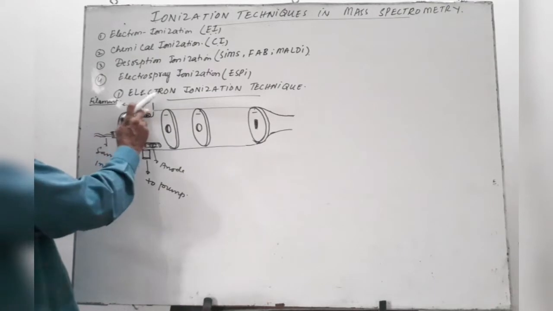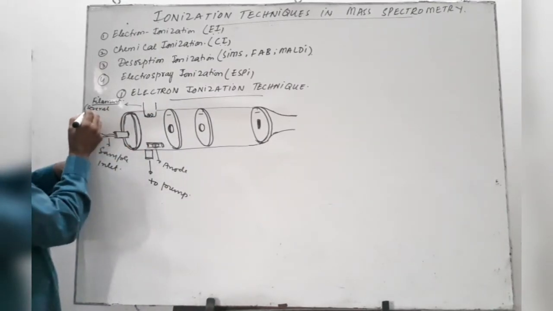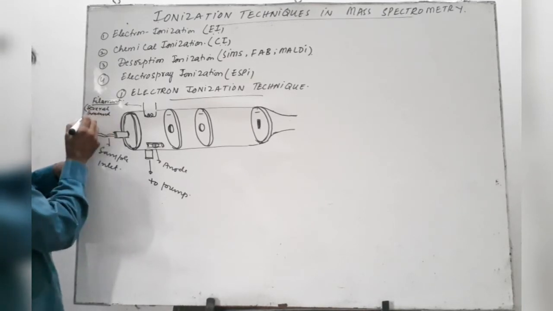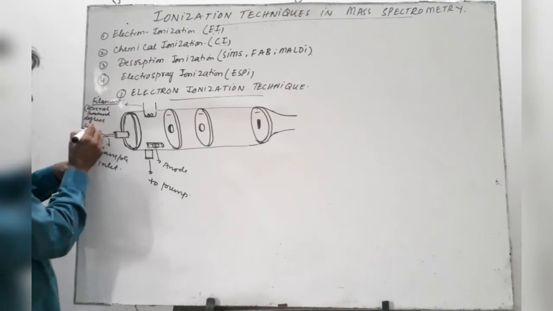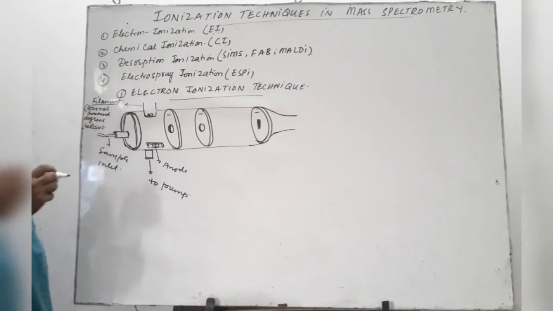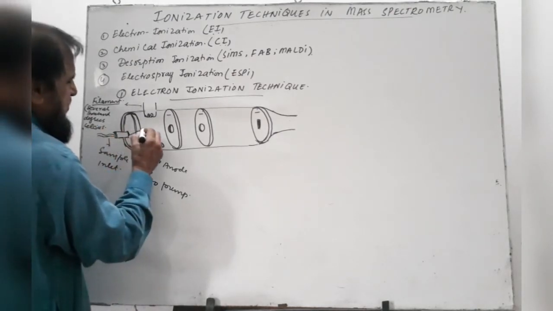Now in the ionization chamber, there is a heating filament which is electrically heated to several thousand degrees Celsius. The molecular beam is introduced into the chamber.